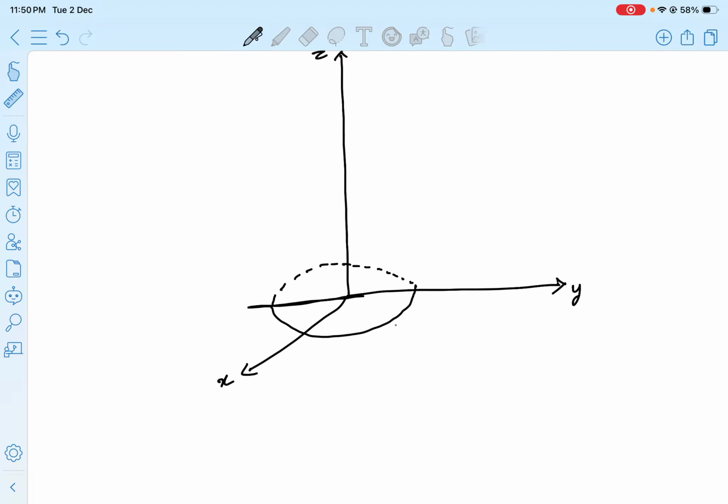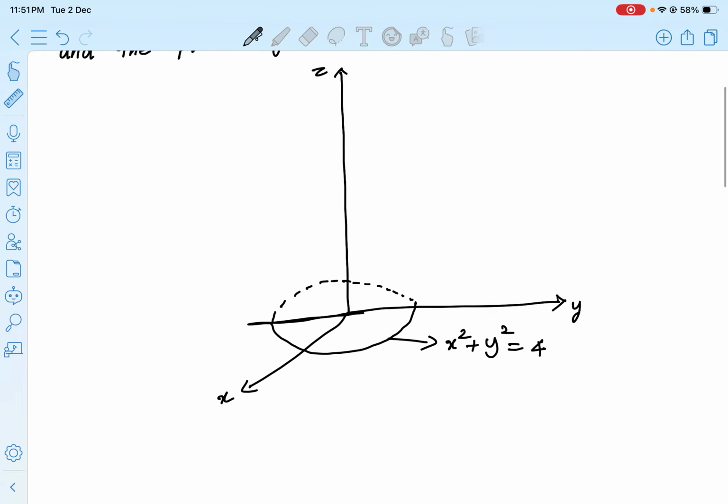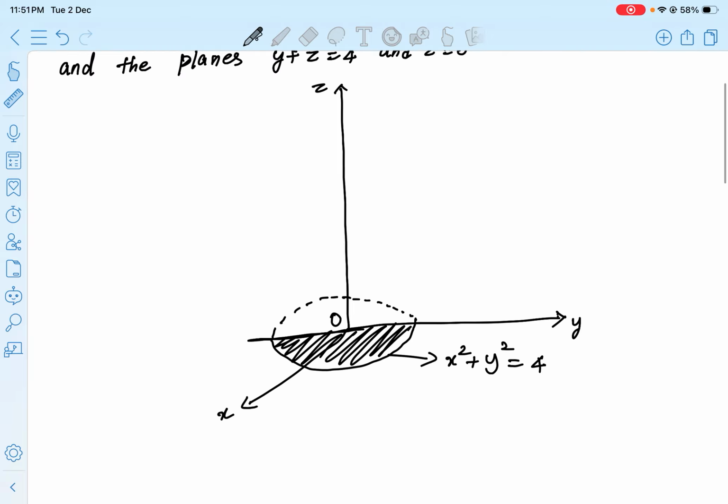So this region is our x square plus y square equal to 4. Okay, so this is our origin, 0, 0. And this is the region for x and y. The x and y connected region is this, and this is the equation of a circle.